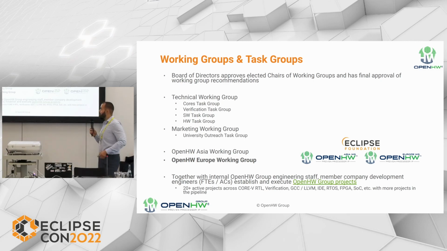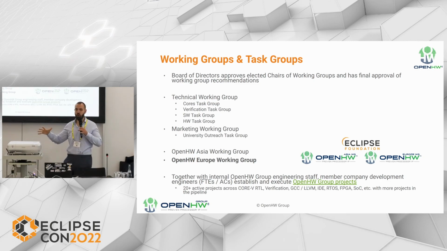And then we have a marketing working group, but also, which is what I'm going to talk about shortly, we also have working groups that are curating the regional aspects of OpenHW Group. So OpenHW is a global organization, but we need the lens to focus more on regional aspects for what concerns, for example, Asia and Europe.